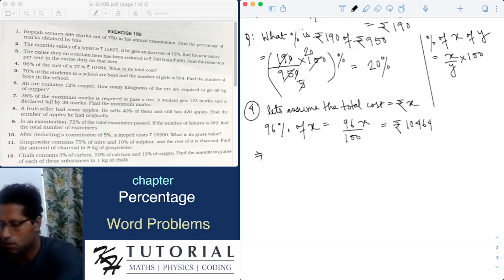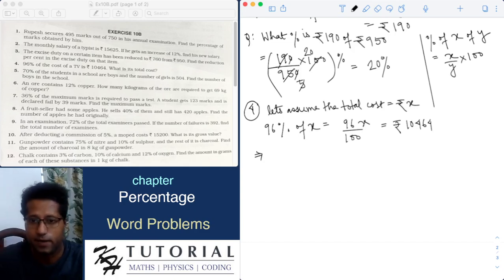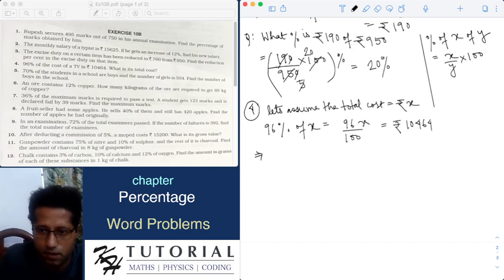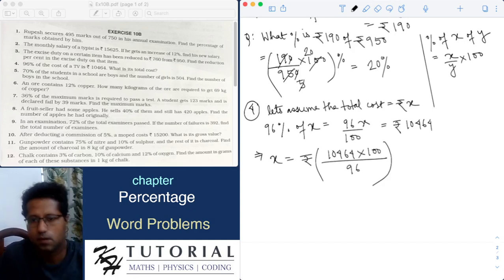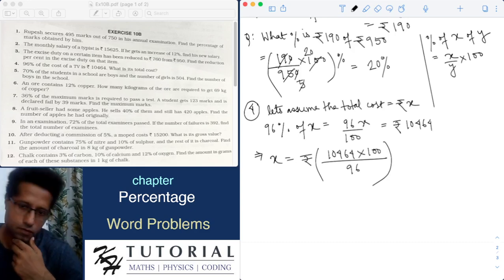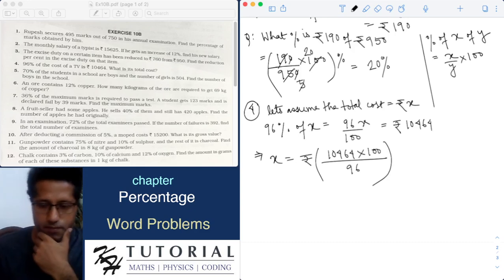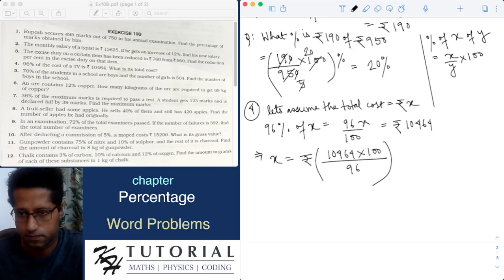So we get 96 by 100 into x equals rupees 10464. This implies x equals rupees 10464 multiplied by 100 divided by 96. Now I guess 10464 will be divided by 96.